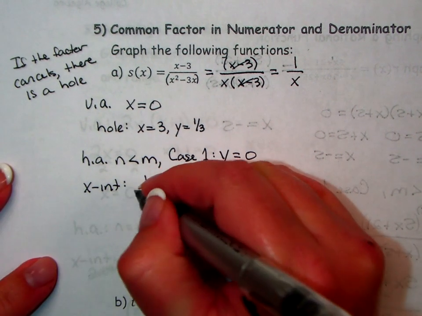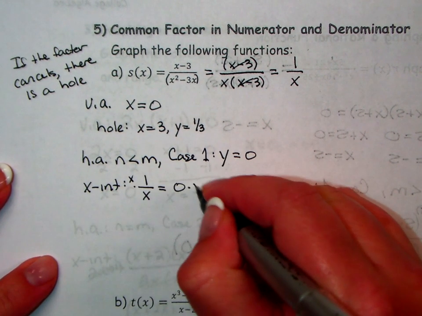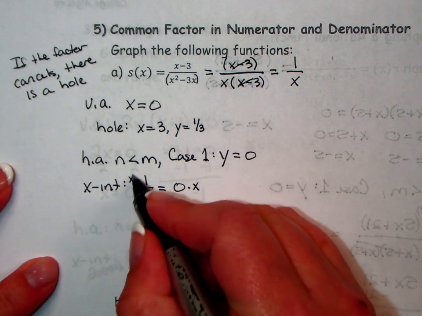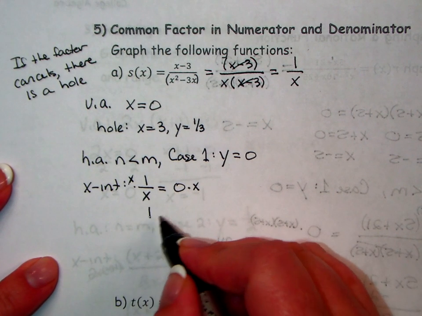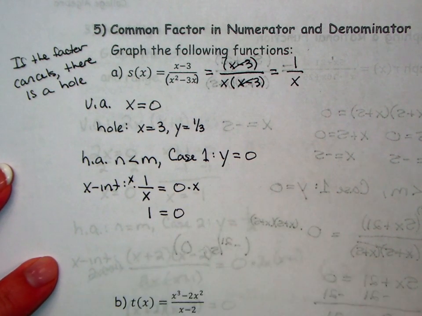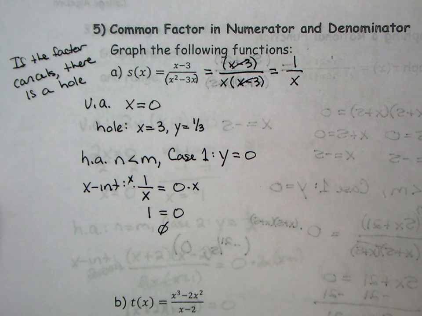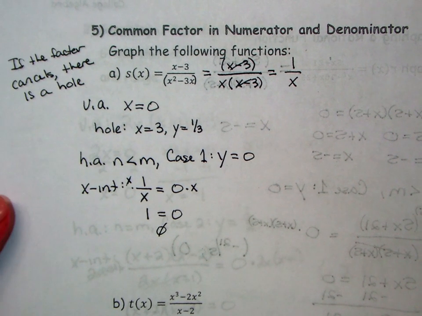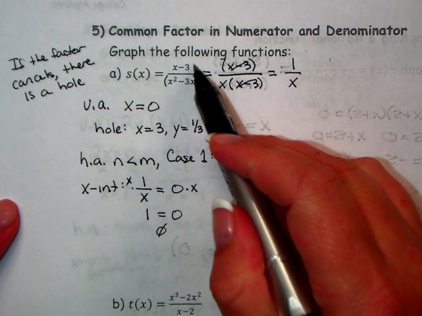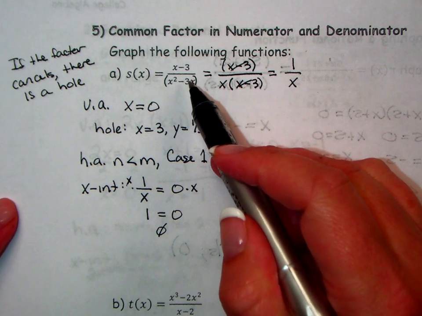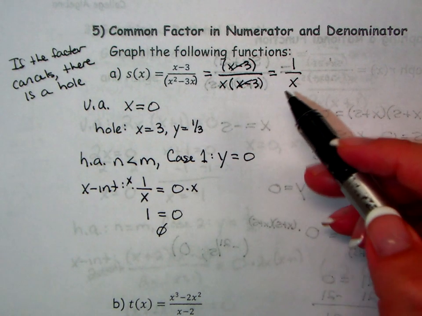So here what I'm going to do is multiply both sides by x, and the x's cancel on the left and we get 0 on the right. So there actually is no x-intercept, right? So you better not set the original function equal to 0. Set the reduced one, okay?